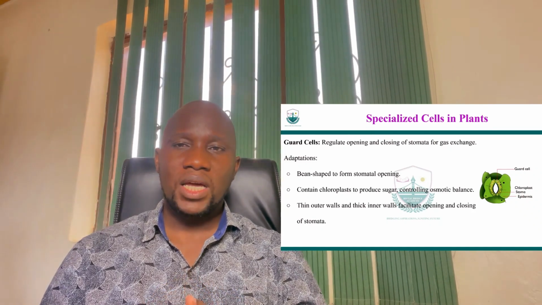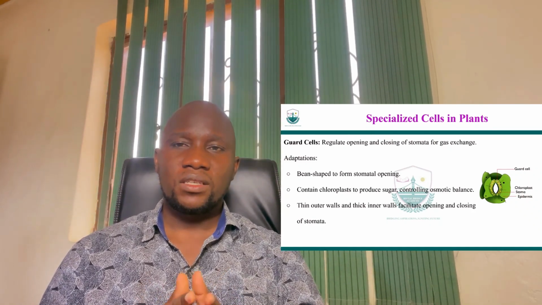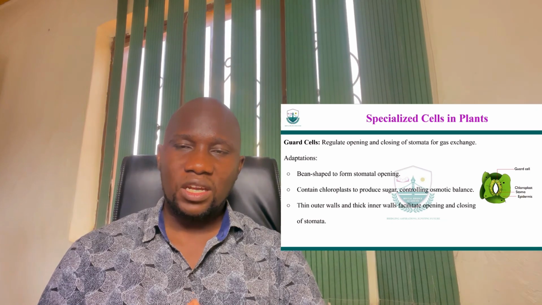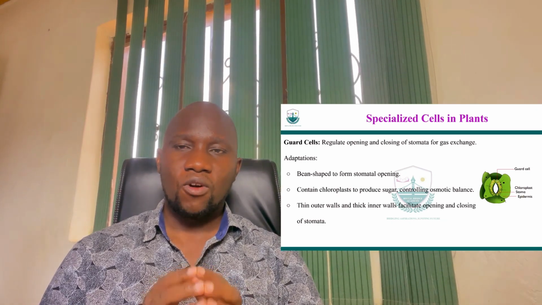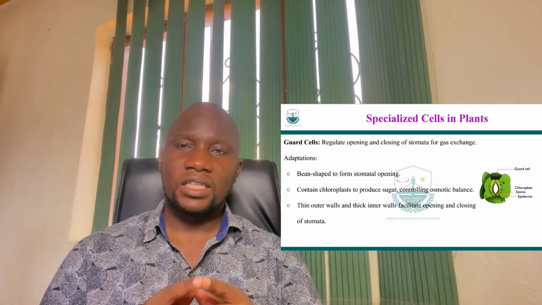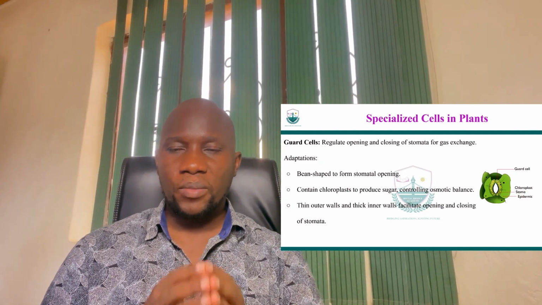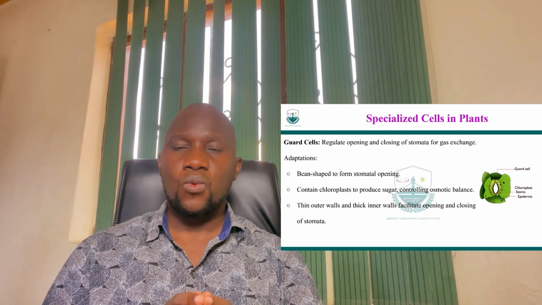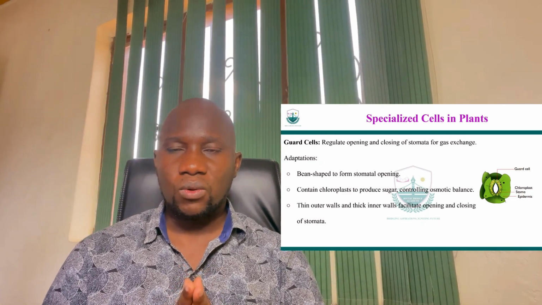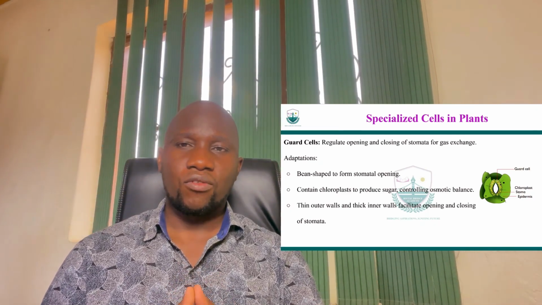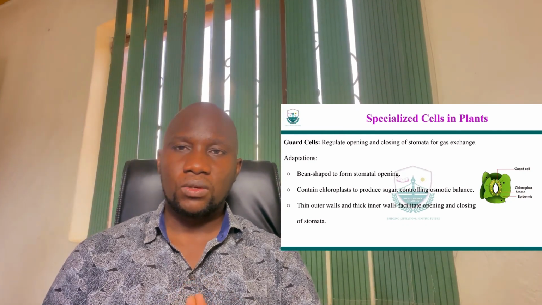And then we can talk about the guard cells. These are around the stomata. You know that the stomata are the openings on the leaves that allow for gaseous exchange. Now, these stomata have to be opened and closed when necessary, depending on the weather conditions, and therefore the guard cells do this role.